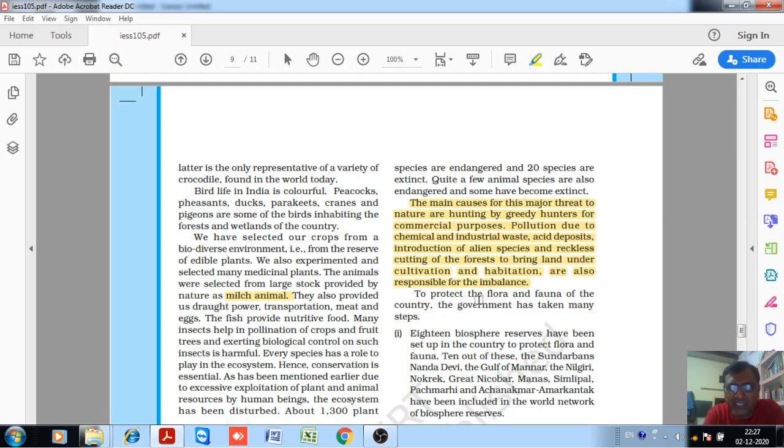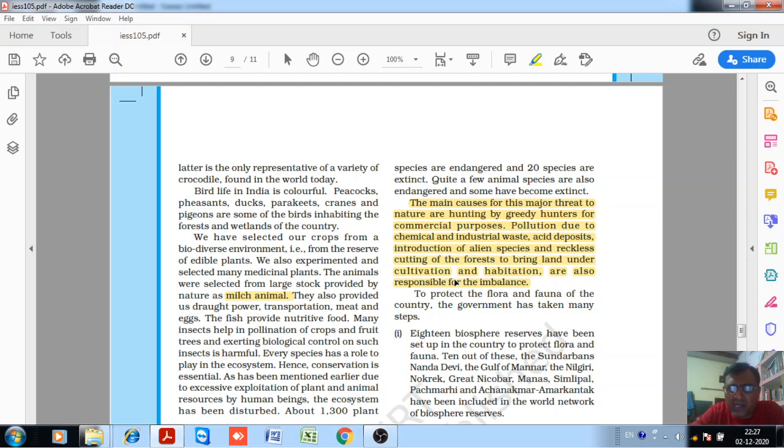beings are very greedy. To meet their greed, they emit pollution, they use all those species of plants and animals commercially, they produce industrial waste, chemical waste, acid waste, and different types of cultivation they do, and they deforest for more land for habitation as well as cultivation or for industrialization, urbanization.